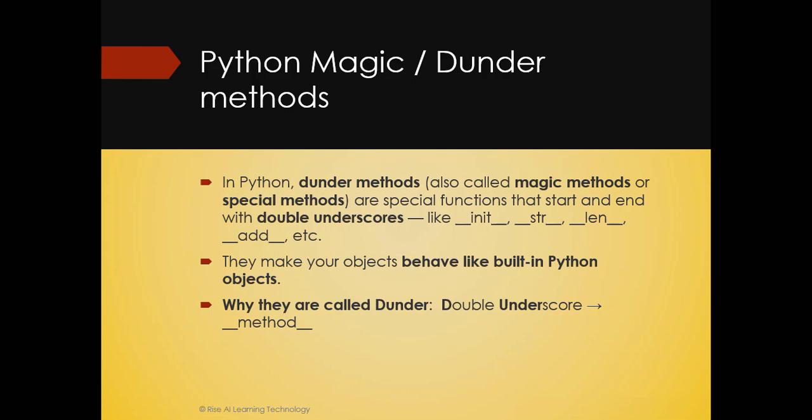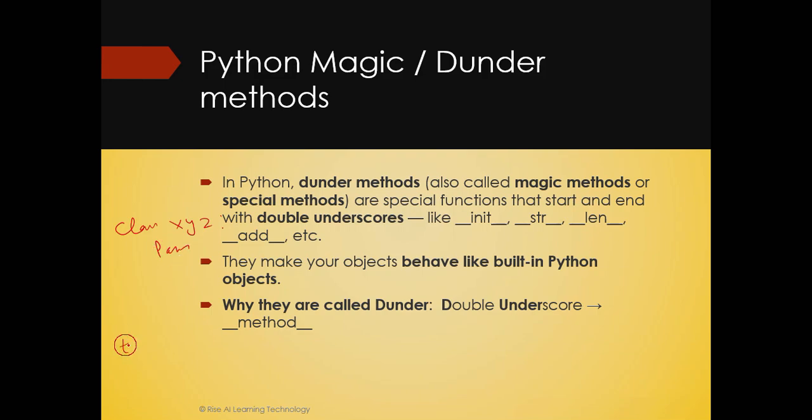Or you create one class, but you are not able to understand what that class is when you try to get its type. Say I created a class XYZ, and I am not writing anything inside it, I am just saying pass.